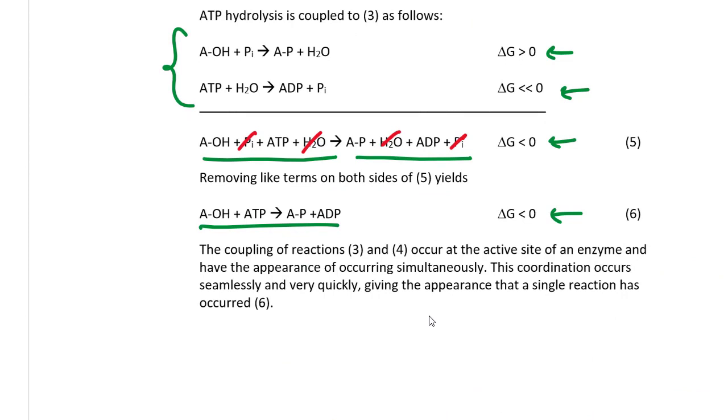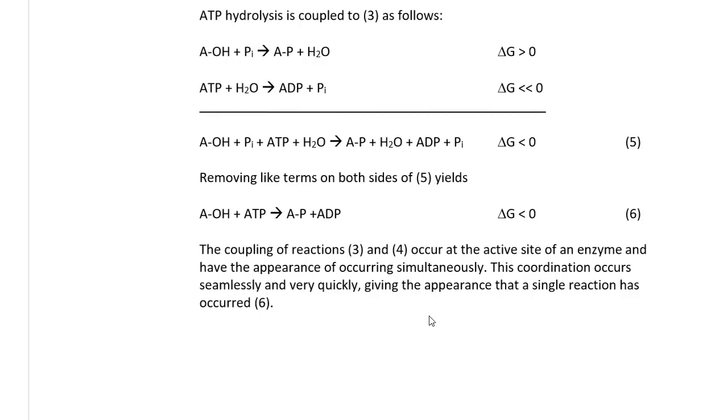Right here. This thing, let me actually erase all this stuff. If you look at this, you can think of A being fructose 6-phosphate. So instead of having AOH, I could just put fructose 6-phosphate. And we want to get to fructose 1,6-bisphosphate.